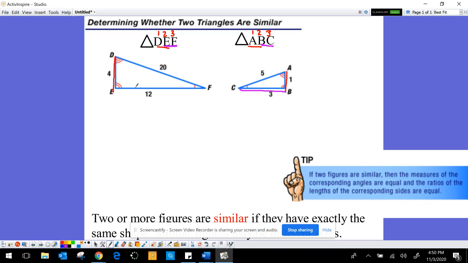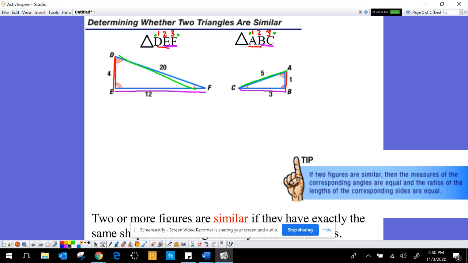So BC and EF are corresponding. Using that same logic, the first letter and the third letter in the first shape corresponds to the first letter and the third letter in the second shape. So AC and DF are corresponding sides.